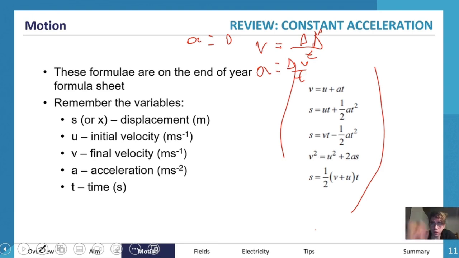So if velocity changes by the same amount for every second, then acceleration is constant. If the velocity increases more for every second, then acceleration is increasing. We do not deal with change in acceleration formulas at the moment, not in VCE Physics.